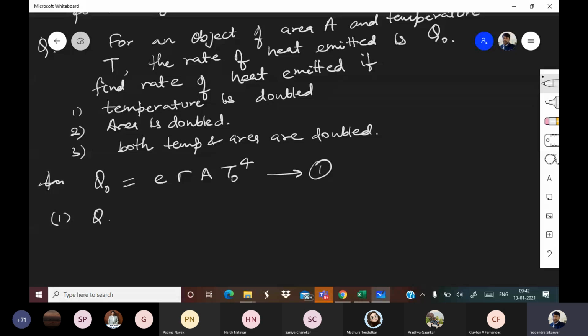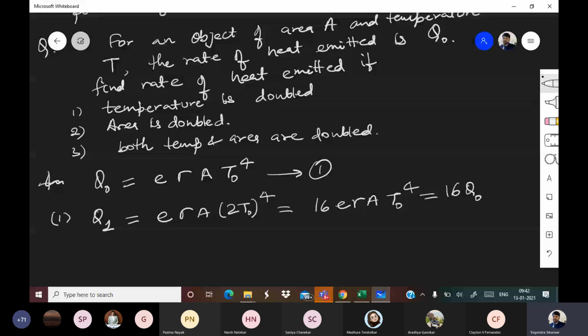So Q1 is e sigma A into 2 T naught to the power 4. And 2 to the power 4 means 16. So it will be 16 e sigma A T naught to the power 4. So basically it is 16 Q naught.